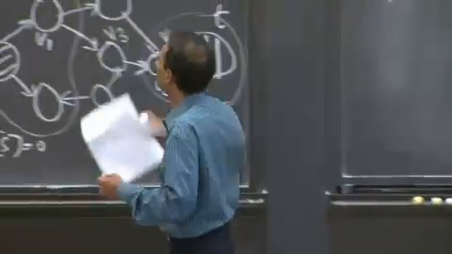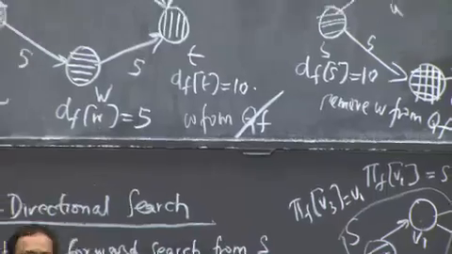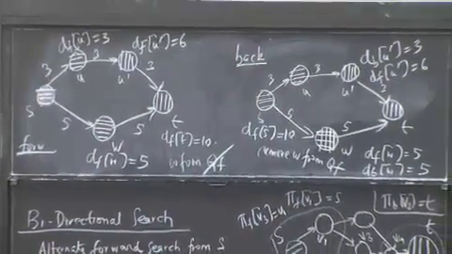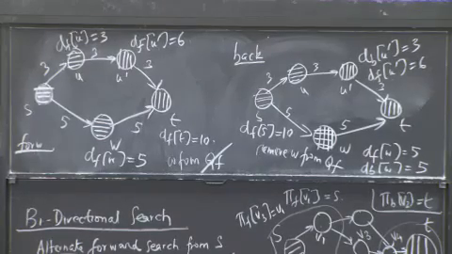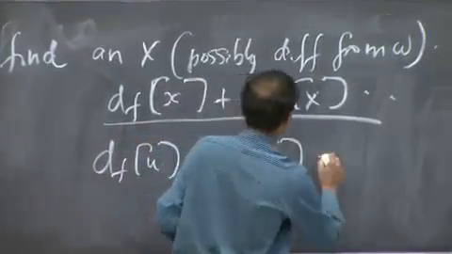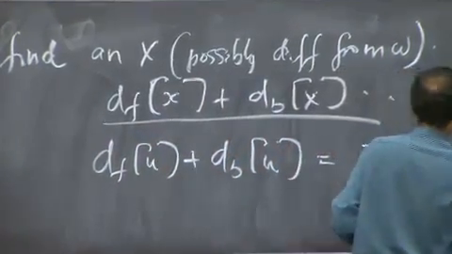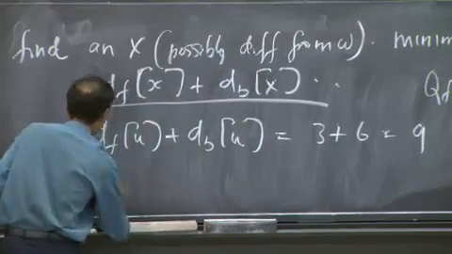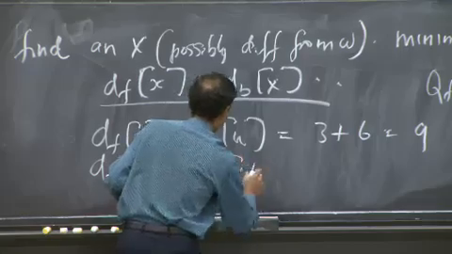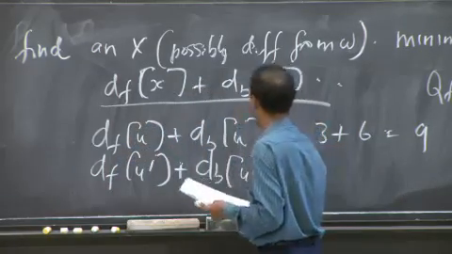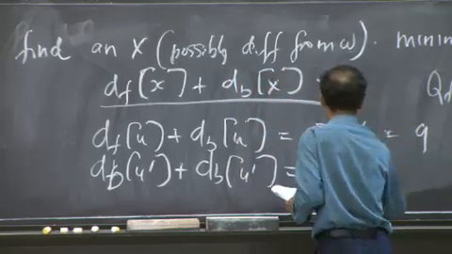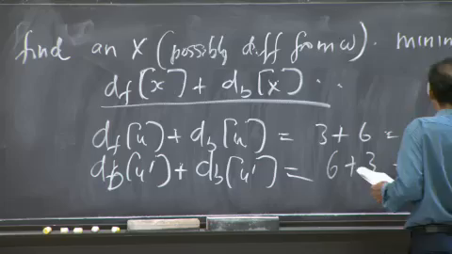In this example, w costs determination, but now we need to scan, and there's only two other vertices that are interesting here, which are u and u prime, and either of those will fit the bill, because df of u plus db of u equals 3 plus 6 equals 9, and df of u prime plus db of u prime would be 6 plus 3 equals 9, right?